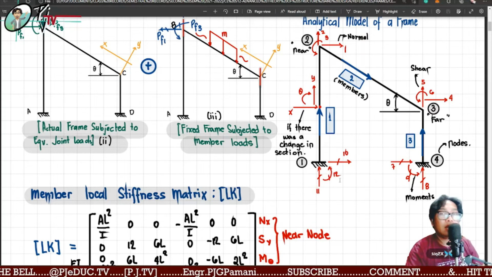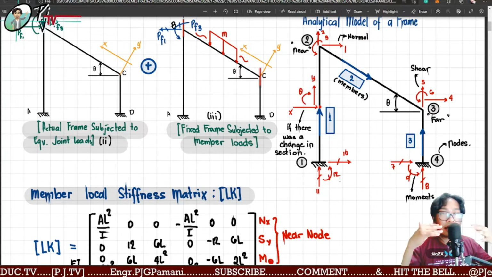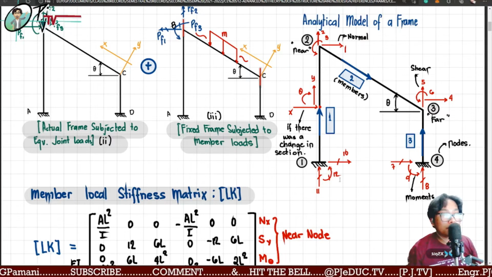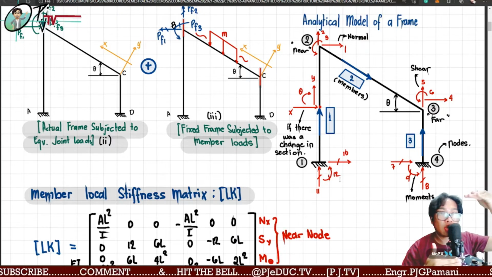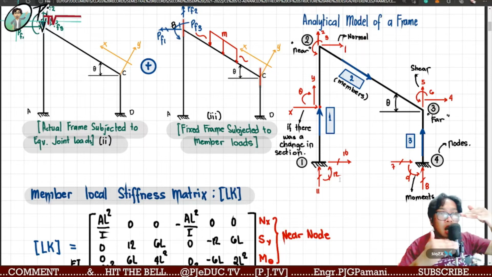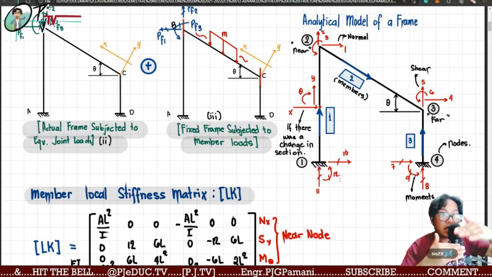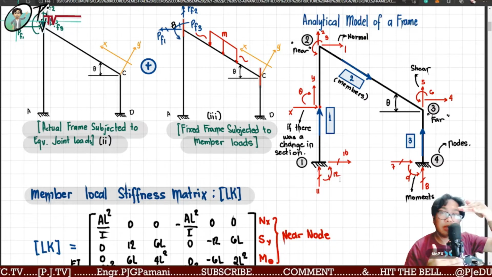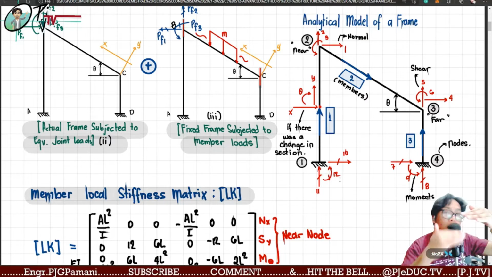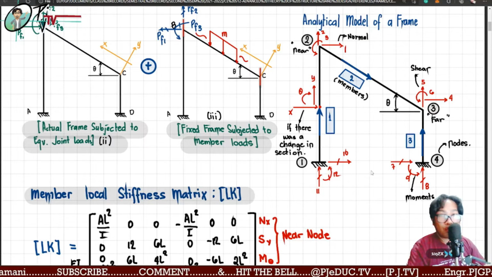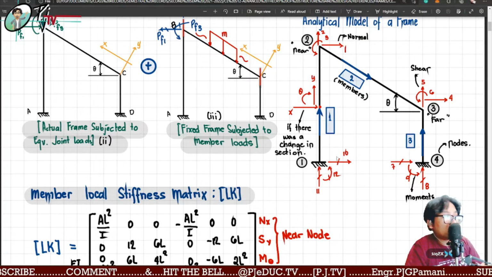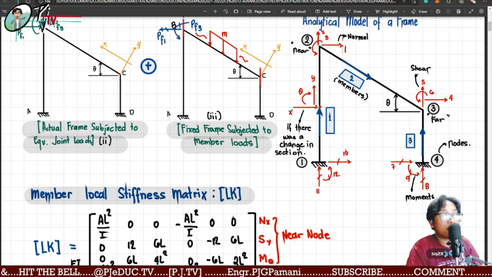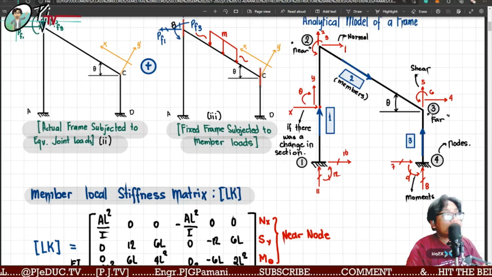In that manner, we can then simply separate later on our partition matrix. At the above section of our partition matrix, we could then solve the unknown displacements. Then the lower section of our partition matrix, we can then solve there our reaction forces, which are your 7 to 12. Unknown deflections are from 1 to 6.